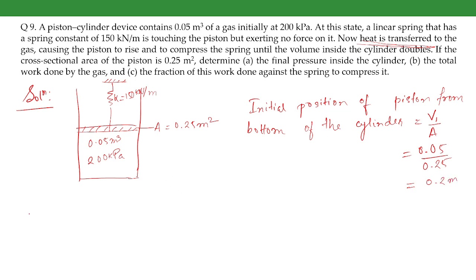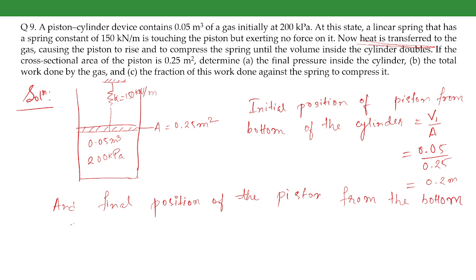And the final position of the piston from the bottom of the cylinder, let us denote the initial as x1 and this as x2, which is v2 by area.